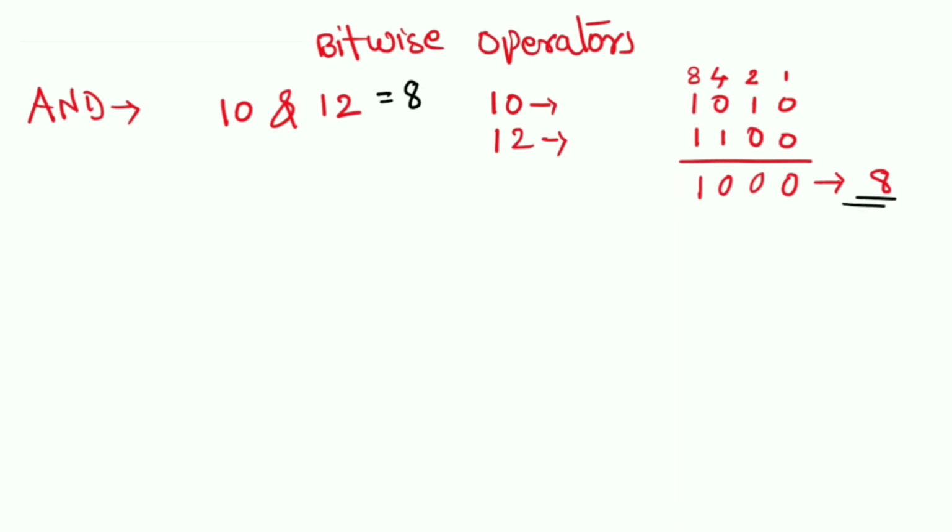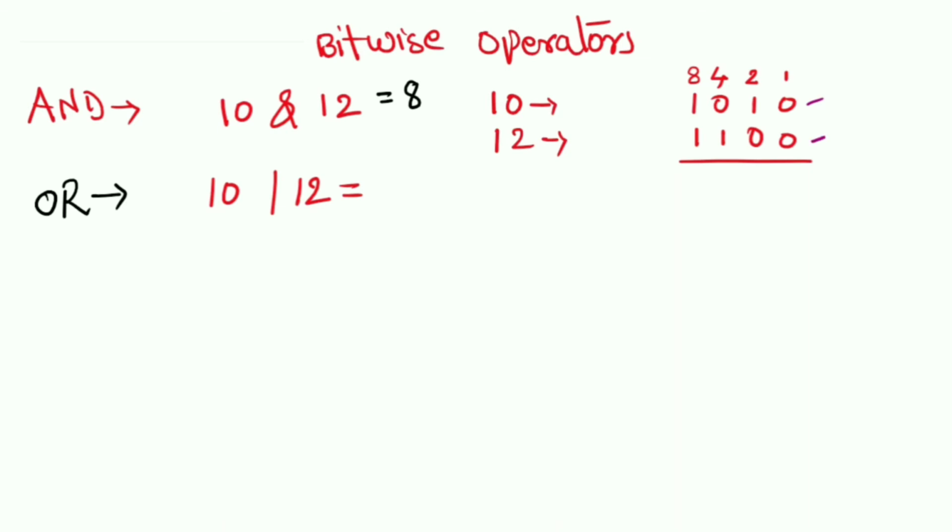Now I want to do another operation, the bitwise OR. For bitwise OR, 10 or 12, what is the answer, that we will check. Again the same one, let me wipe this out. This is the binary equivalent of 10, and this is the binary equivalent of 12. Now I want to do the ORing operation.